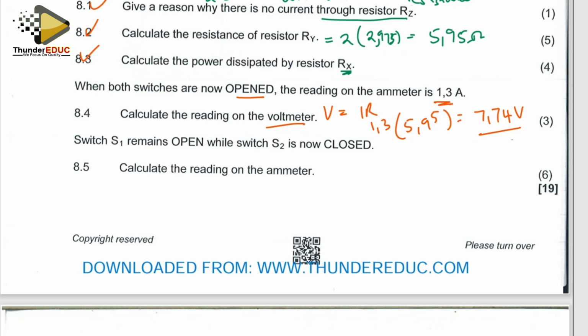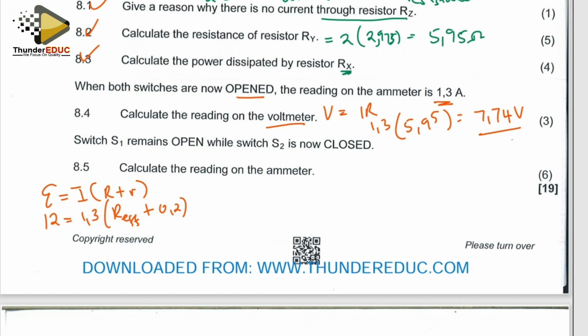Okay. So which means the EMF is I into R plus the small r. Our EMF was 12. The current is 1,3. Now this R is going to be the R effective, which is the external. I'm adding the 0,2. Divide both sides by 1,3 first.